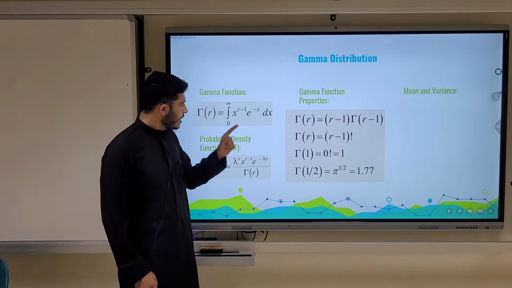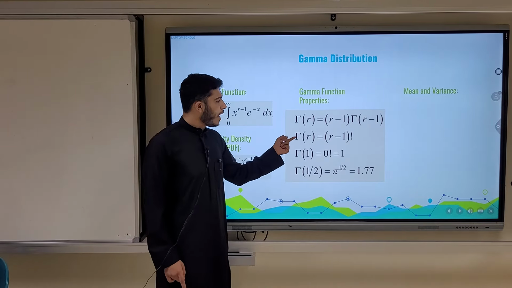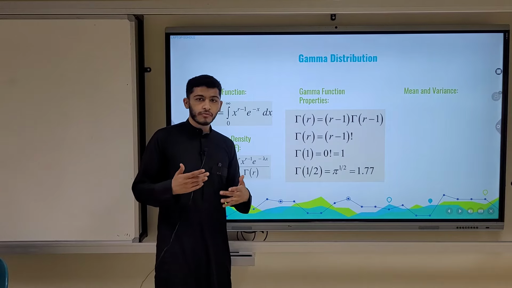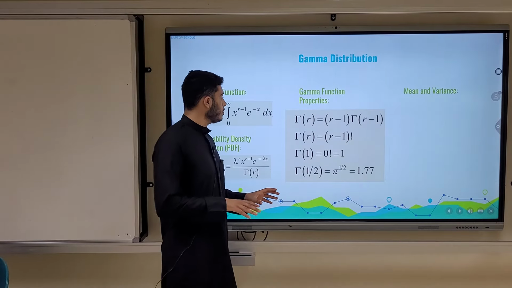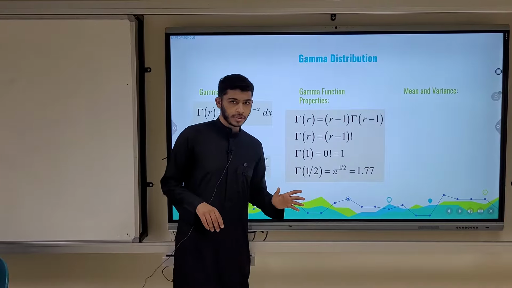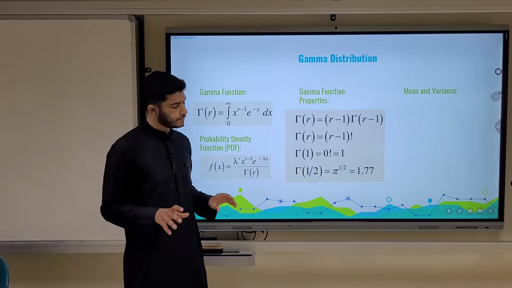Okay? The next one tells you that if R is a whole number, 1, 2, 3, 4, 5, 6, 7, 8, whatever, a whole number, you can subtract 1 from it and take its factorial right away. If it has a decimal, you can't do this one. Okay?